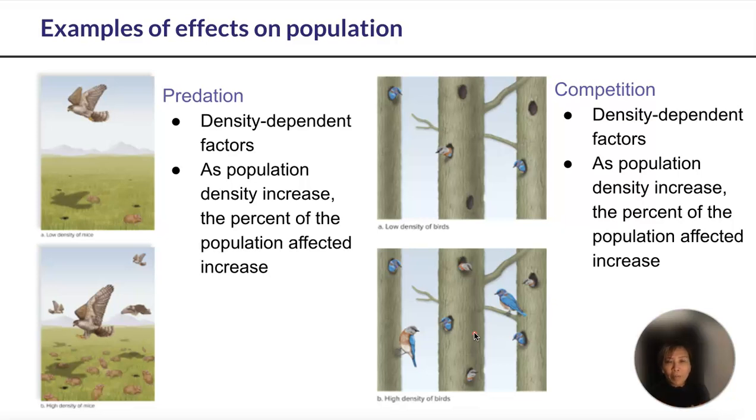But over time, if the population grows a lot and you don't have enough holes, then it gets harder for the mating pair of woodpeckers to provide a home for their young, and so that population is going to decrease. And so this is an example of a density dependent factor.